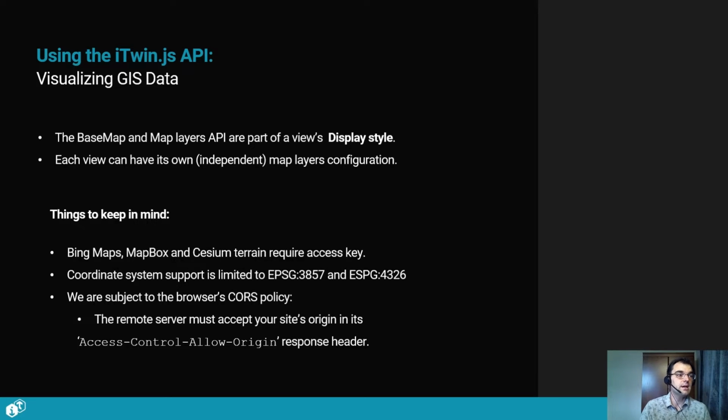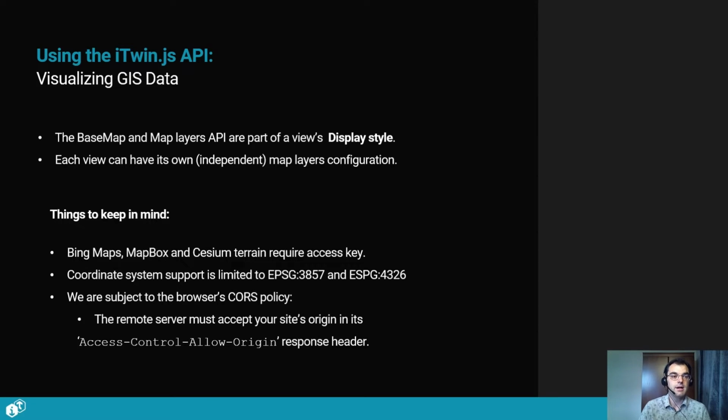Other things to keep in mind: Mapbox, Bing Maps, and also the Cesium terrain require access keys that you need to provide. Coordinate systems are limited to EPSG 3857 or EPSG 4326. And also we are subject to the browser CORS policy.